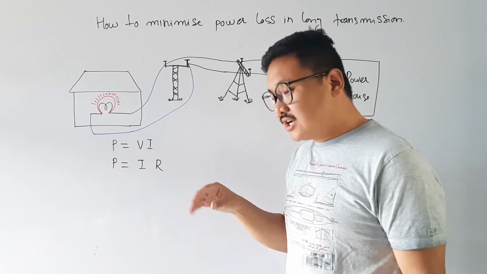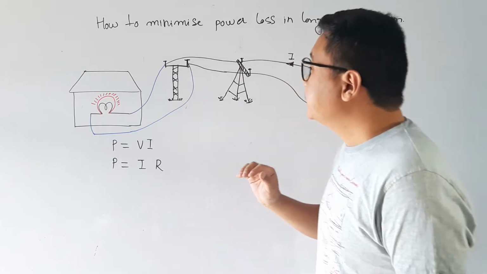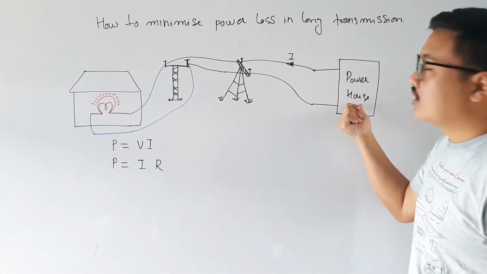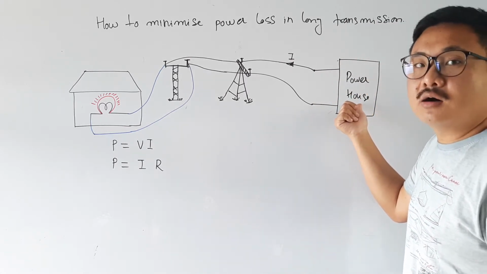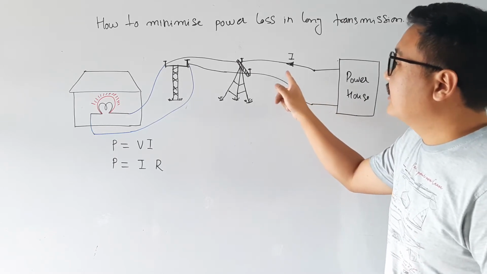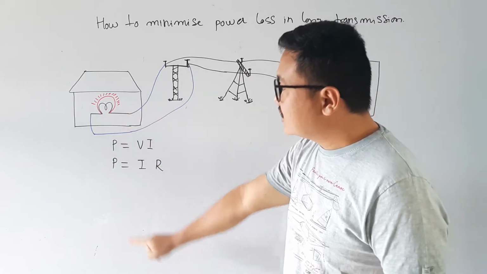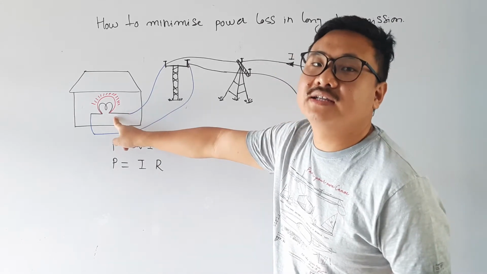Okay, we know that we should not lose the power. So first of all, let this be my powerhouse, and from the powerhouse there are big towers. From there the electricity is coming to our house, in which I want to light my device.